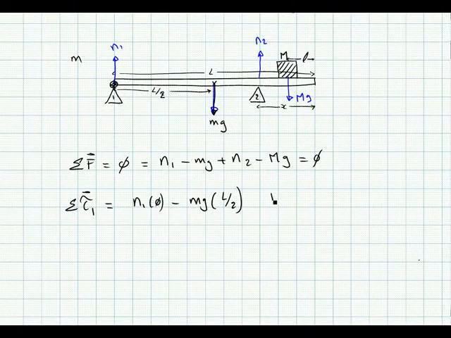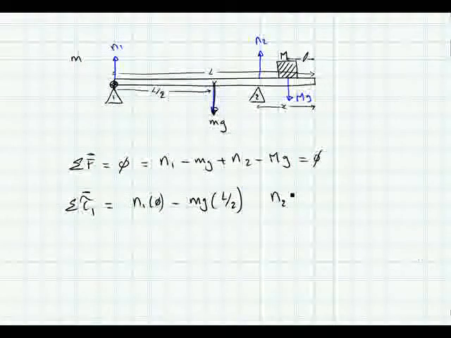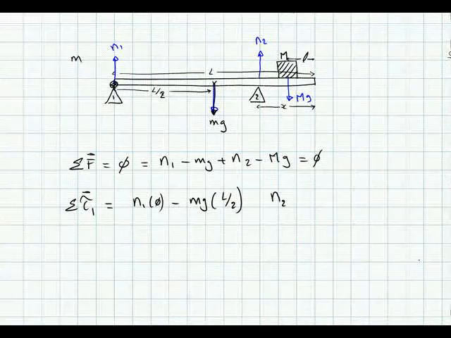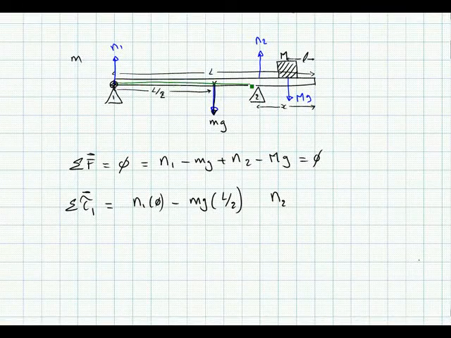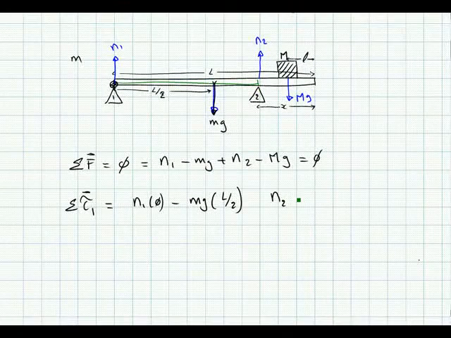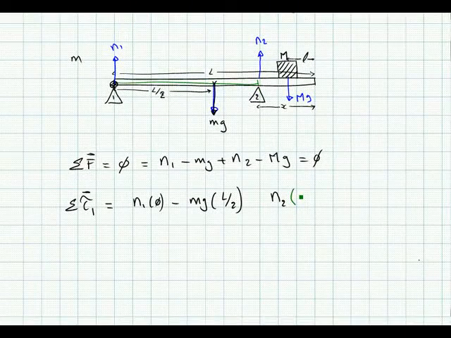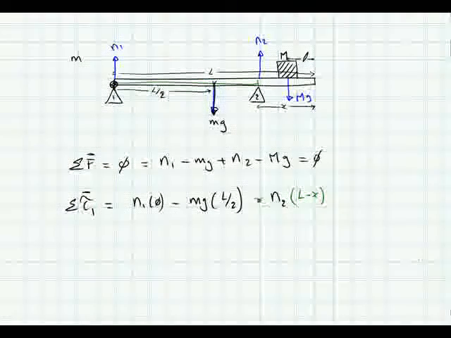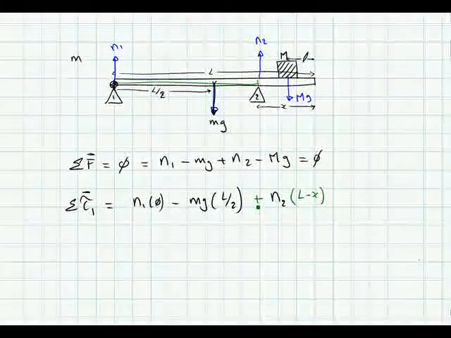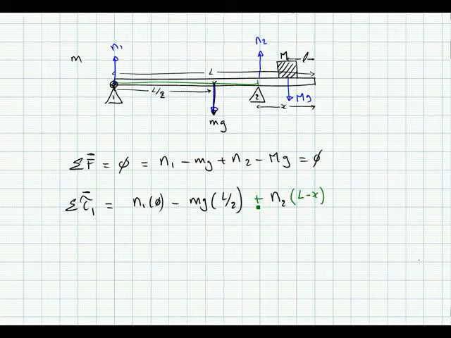Now the torque due to n2: we have force n2, and what is our moment arm? The moment arm is from position 1 all the way to where the force is applied, which is L minus x, and it is a positive torque because it would cause a counterclockwise rotation.